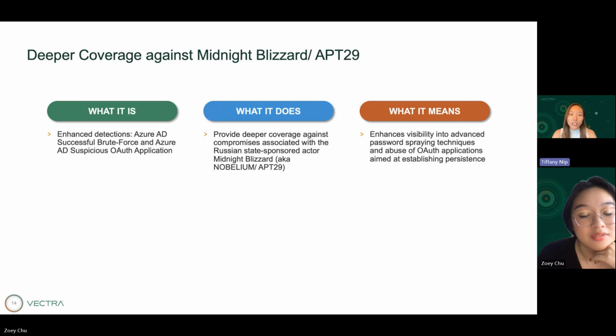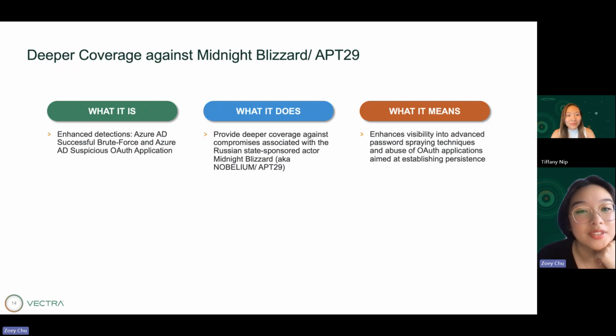The second one is the Azure AD suspicious OAuth application. Basically, we provide deeper coverage against compromise associated with this actor, also known as Nobelium and APT29, ultimately enhancing the visibility into advanced password spraying techniques and also abuse of the OAuth application aimed at establishing persistence.